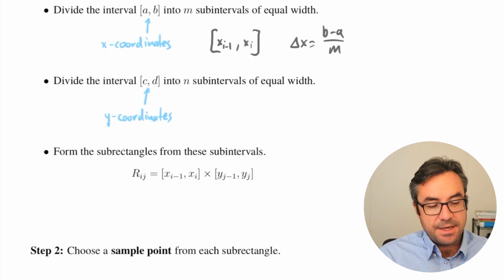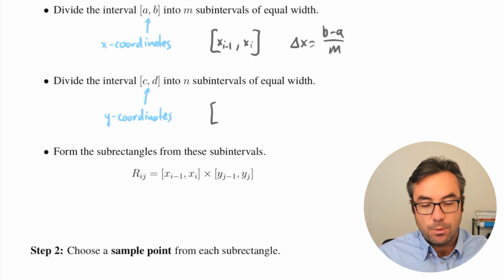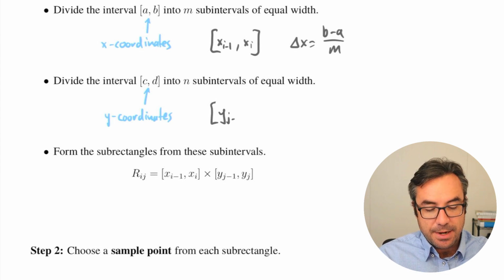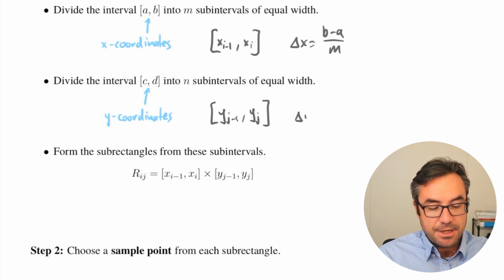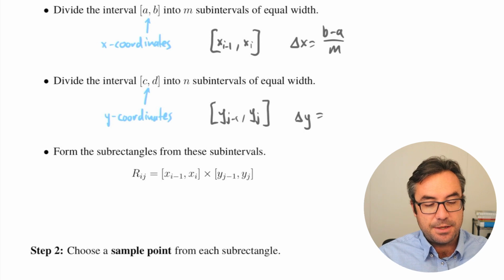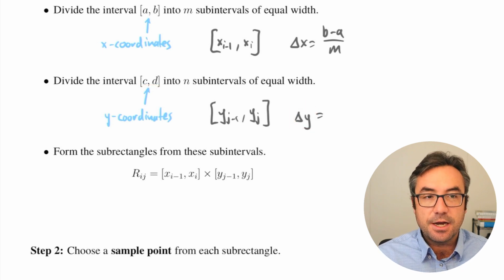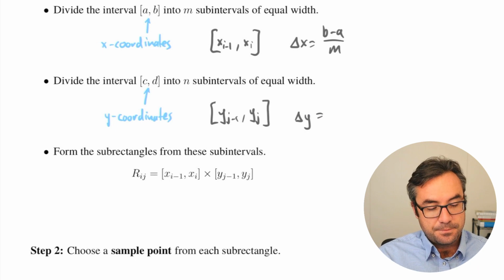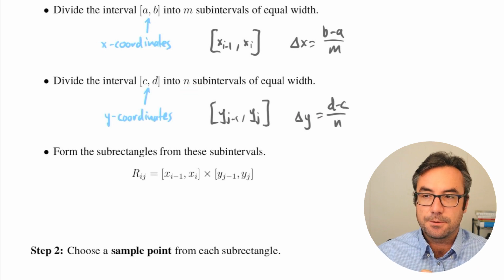And we'll index these with j. So we're using y here, so y_{j-1} up to y_j. And the width is the length of the entire interval, so d minus c, divided by how many subintervals there were.